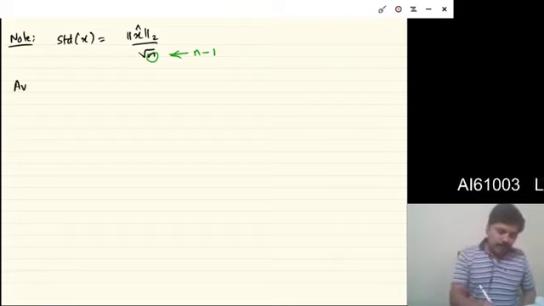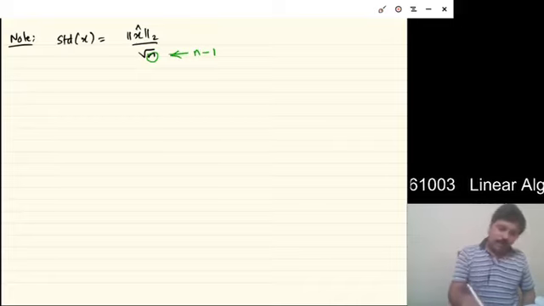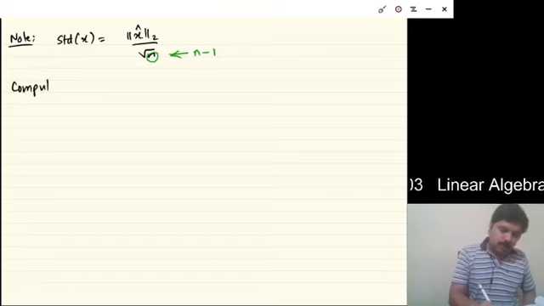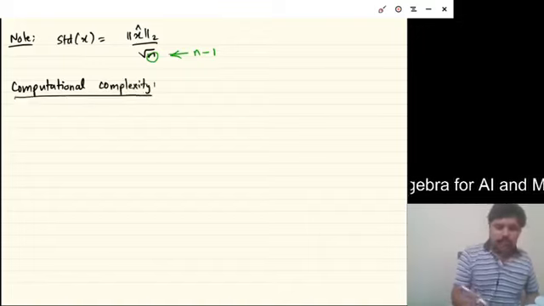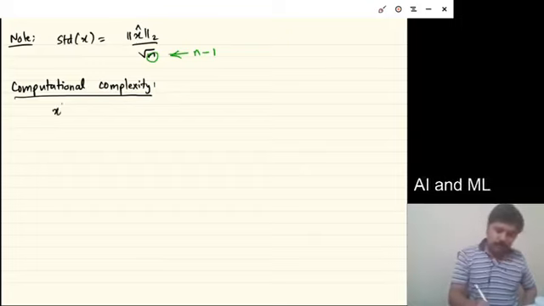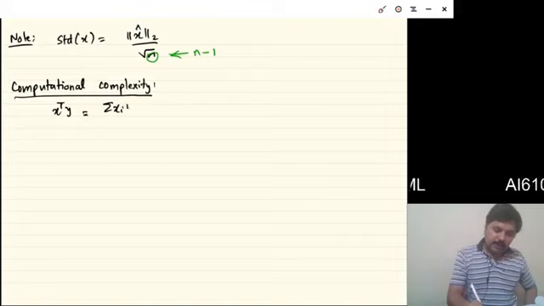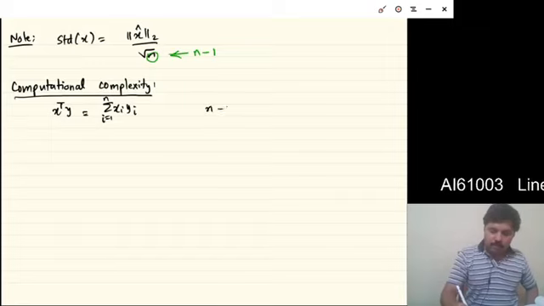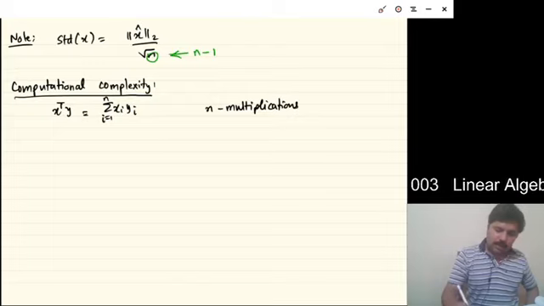So an interesting observation is about average. Okay, but before going there, let's quickly look at computational complexity. We had been discussing computational complexity in the second or third lecture, and then we have not talked about it since. So let's see what is really happening. If you want to find the inner product of two vectors, x transpose y, that is the summation of xi yi, i going from 1 to n, which means that you have to do n multiplications and n minus 1 additions.